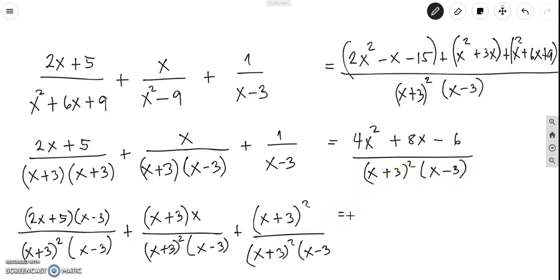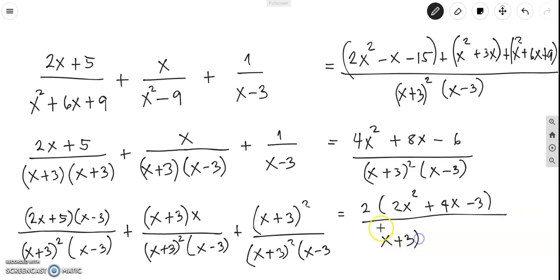Next, factor out to the simplest form. So therefore, we have 2 times 2x squared plus 4x minus 3 all over x plus 3 squared and then x minus 3.